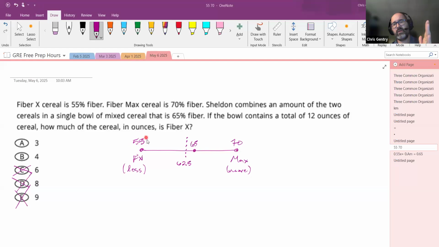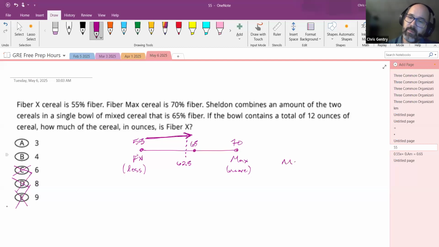And everything that gets pulled away from Team X is something that Team Max pulled away from them. So every element of distance away from that 55 to my 65 is what Team Max grabbed. They're pulling in that direction.